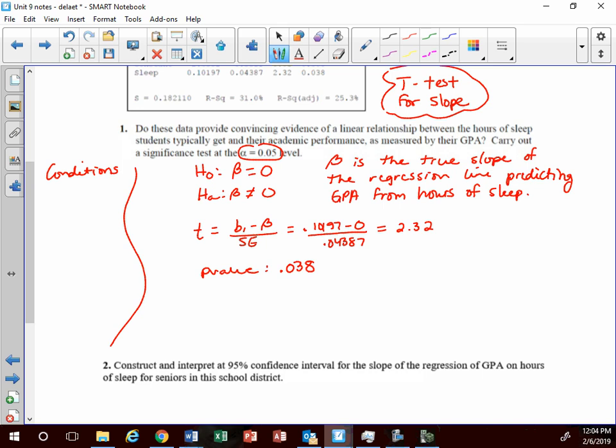So since our p-value of 0.038 is less than alpha of 0.05, we reject the null.